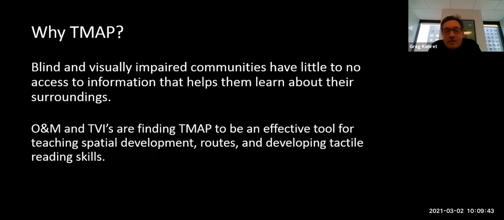And I'll mention that especially this past year, O&Ms and TVIs have been finding Tmap to be an effective tool for teaching spatial development, routes, developing tactile reading skills, in lieu of or as a supplement to in-person teaching, which has pretty much been put on hiatus for quite a while now. So you'll be hearing more from these O&Ms that are on the ticket today about how they are actually using this that way.